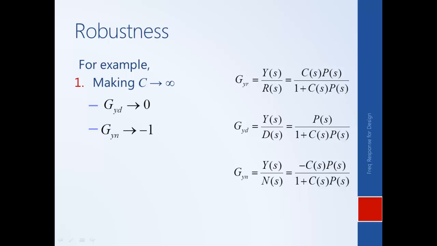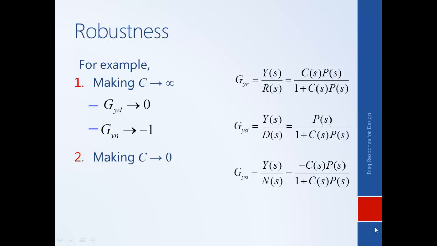So here we see that we were able to attenuate the disturbance, but we weren't able to attenuate the noise. In fact, the noise is not attenuated at all. Its phase is shifted 180 degrees, but that doesn't really matter. What matters is that the amplitude of the noise directly affects the output. It's not attenuated at all.